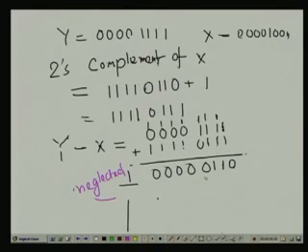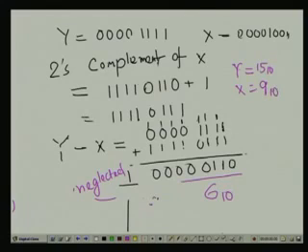Then see, again the value becomes 6 in decimal. Earlier y was 15 in decimal, x was 9 in decimal, and the result is correct now. So, this is a correct result.